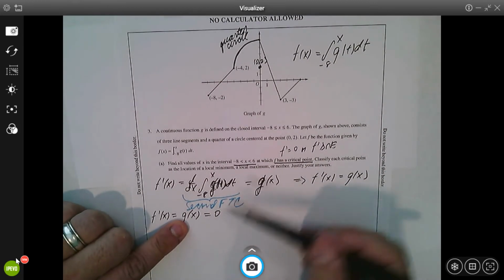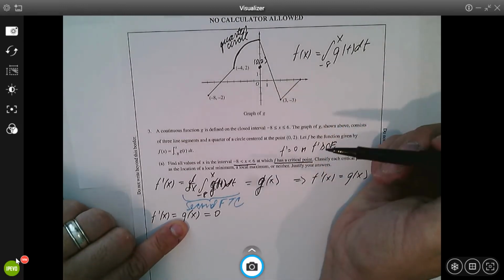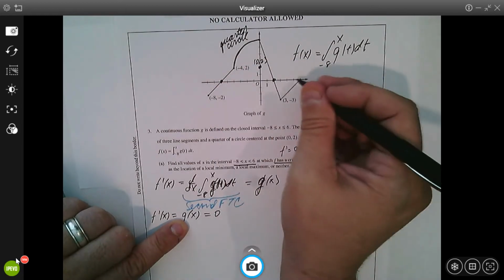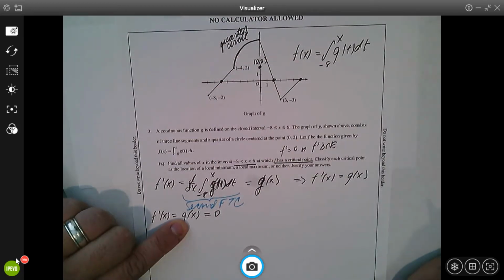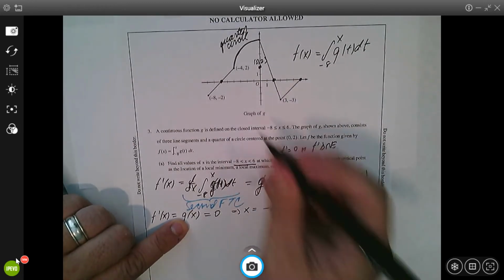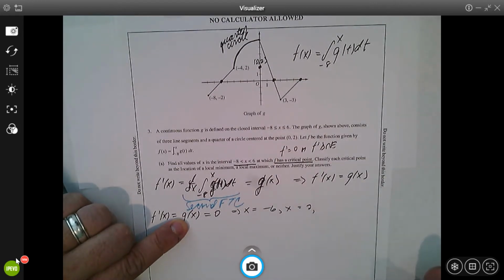Where is the graph of g, the graph that's up here, equal to 0? Well, I can see that that happens 1, 2, 3 times. There's 3 roots. The first one happens over here at -6. The second one happens over here at x equals 2.